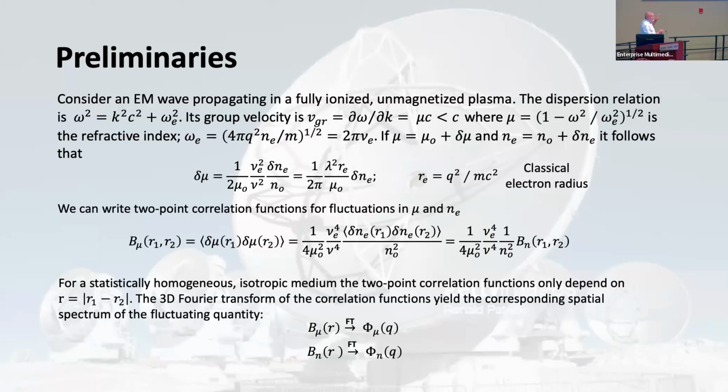And you can describe the statistics of these fluctuations in terms of two-point correlation functions, okay? So there's an example of how two-point in refractive index relates to two-point in density. And if you have a nice statistically homogeneous isotropic medium, take the 3D Fourier transform of the two-point correlation function, and you get your spatial spectrum of these fluctuations. Okay?